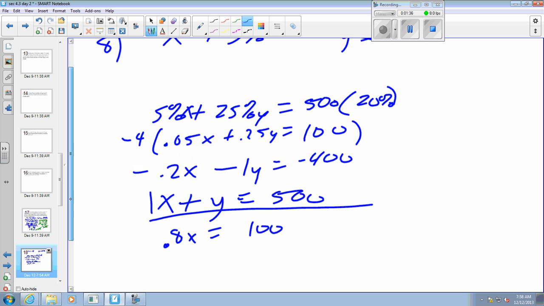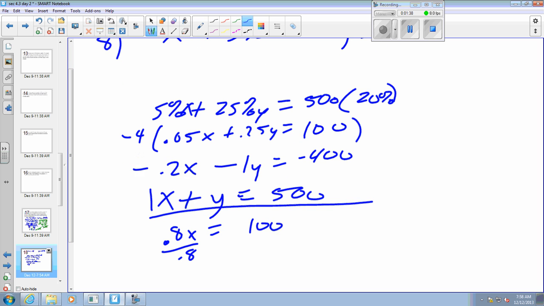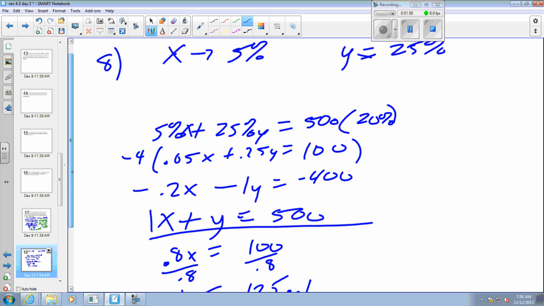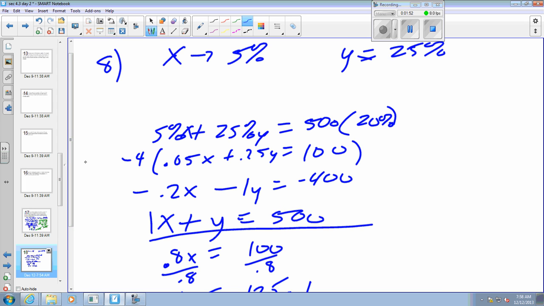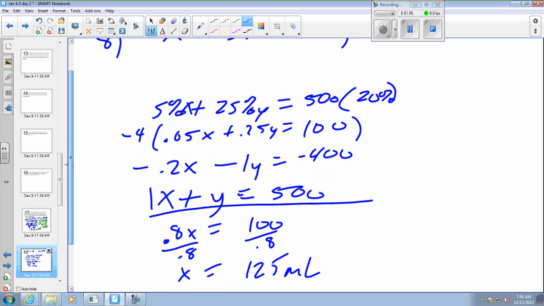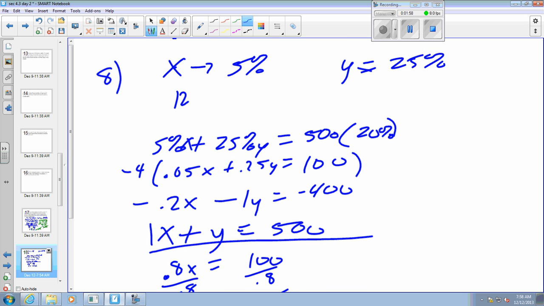And if I divide by 0.8, I get x is equal to 125 milliliters. And we know that x is the amount of 5%. So I put 125 milliliters of 5%.